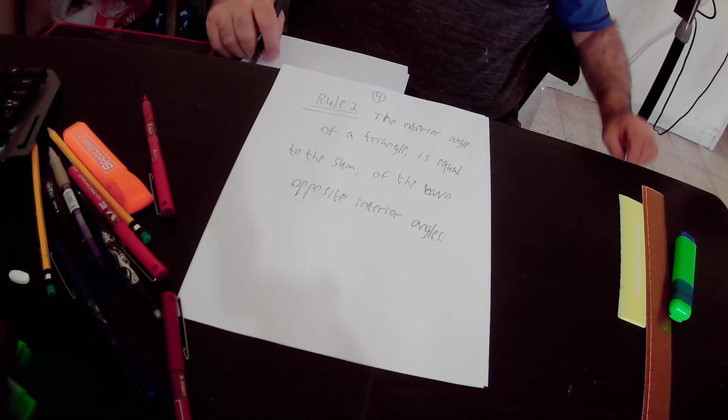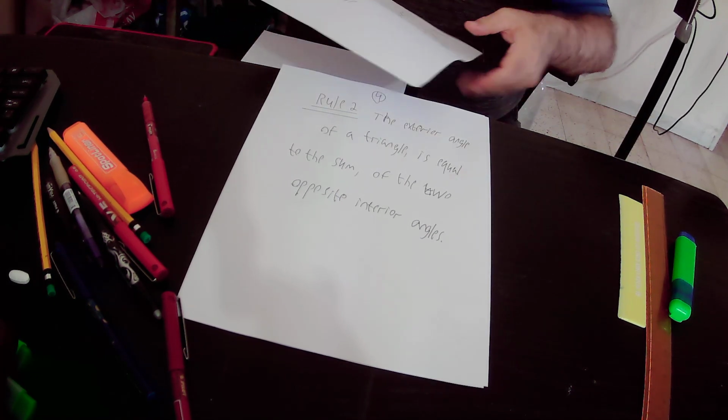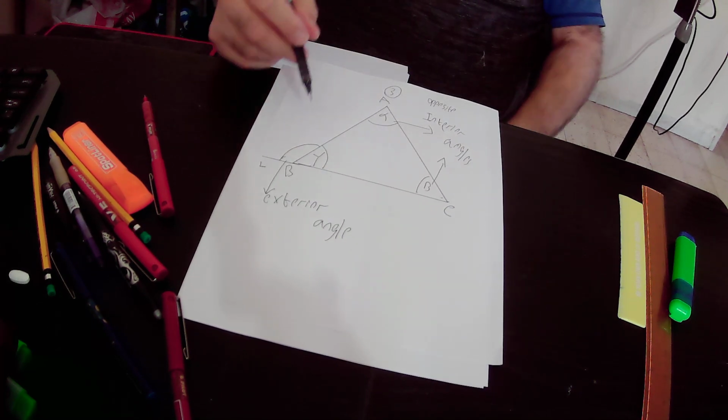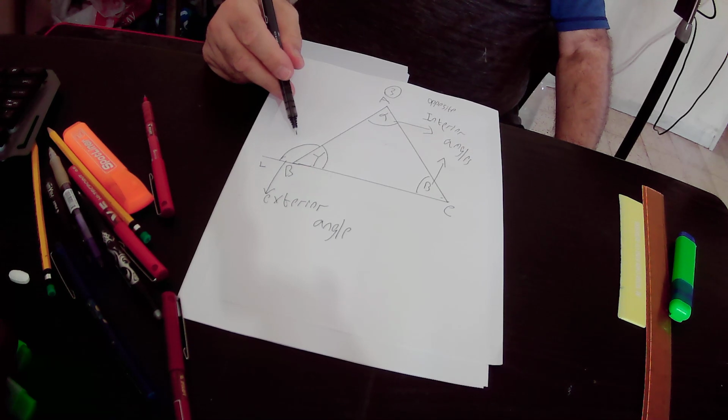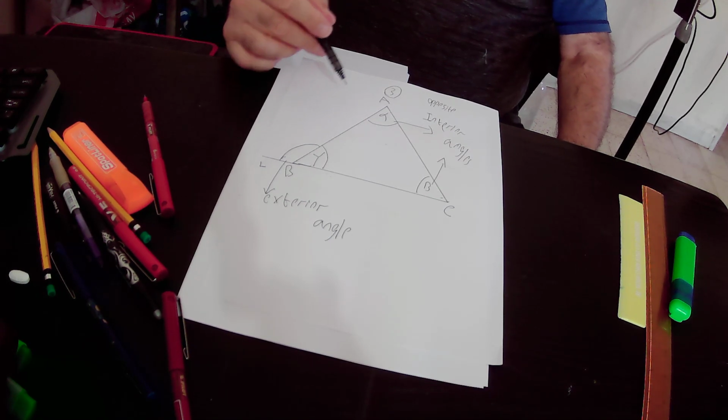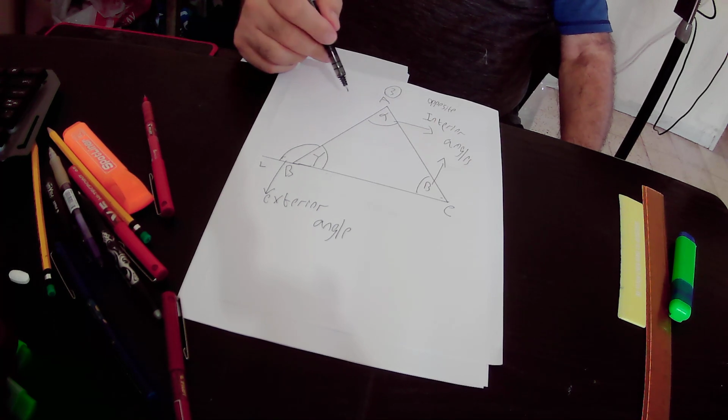So actually, according to rule number 2, the exterior angle ABL is equal to the sum of the two opposite interior angles.